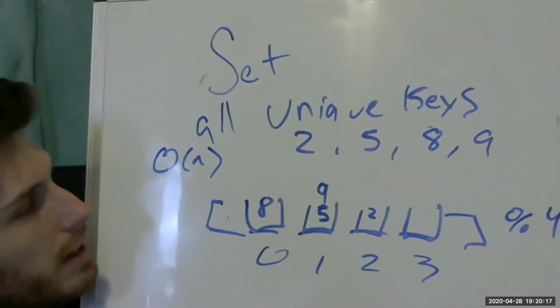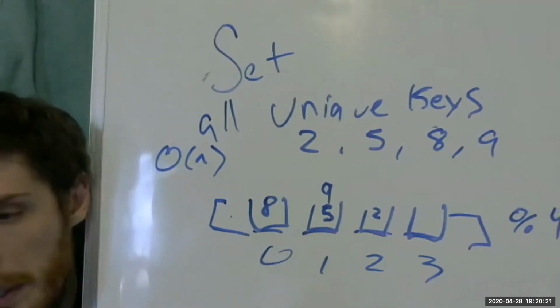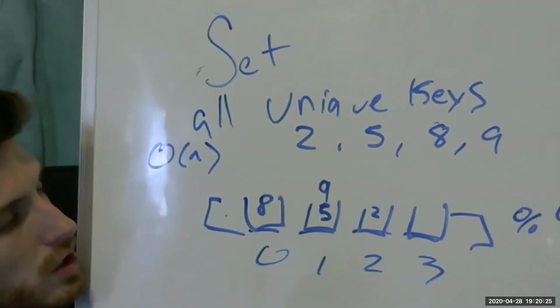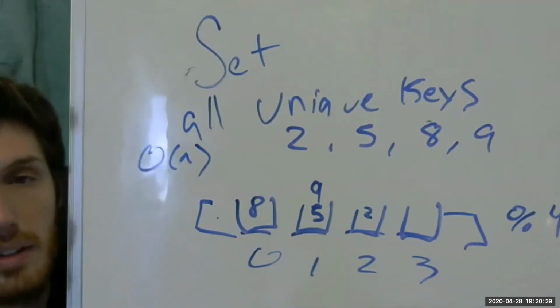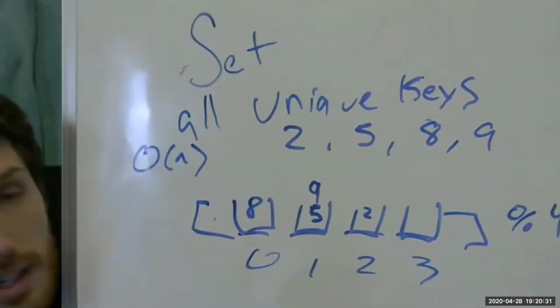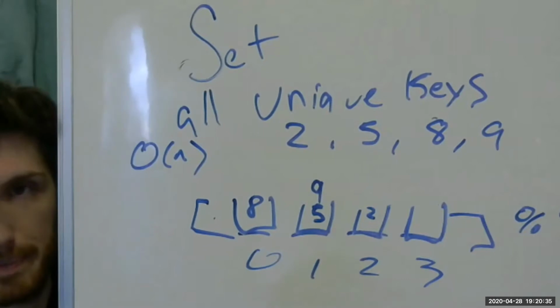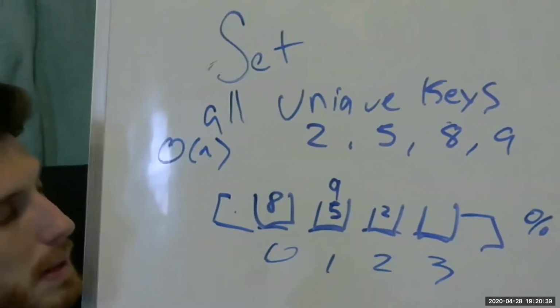So instead, what we want to do is start thinking about, well, maybe we could do resizing. As this fills up, we can resize this array and transfer everything over. Okay, so what do I mean by that?